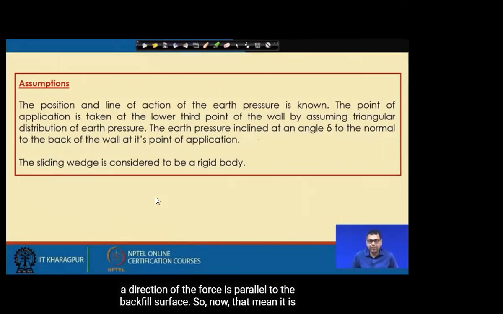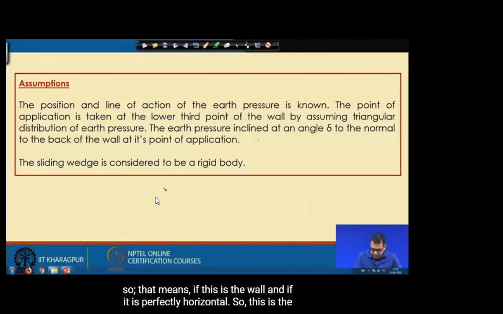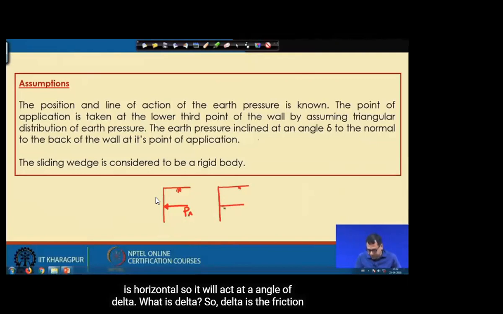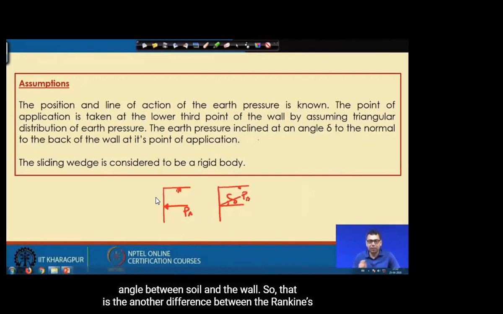So if this is the wall and the backfill is perfectly horizontal, this is the PA direction for Rankine. But for Coulomb, even if the backfill is horizontal, it will act at an angle of delta. What is delta? Delta is the friction angle between soil and the wall.